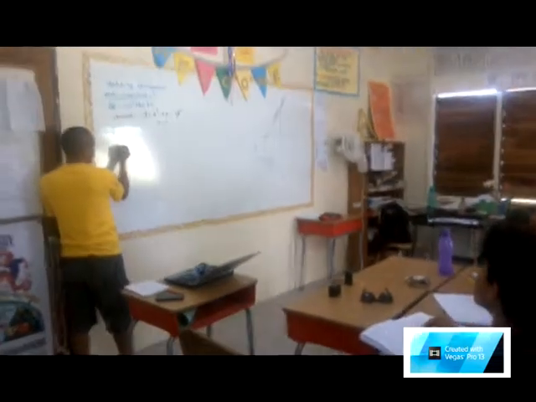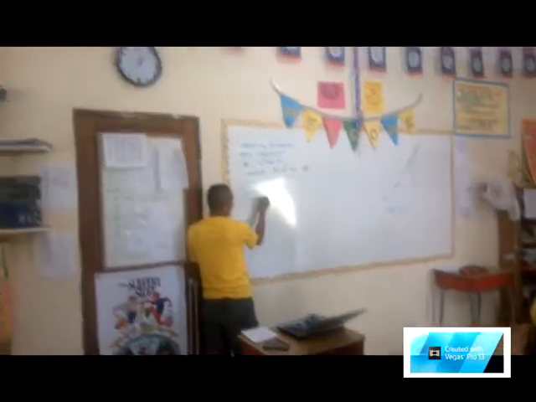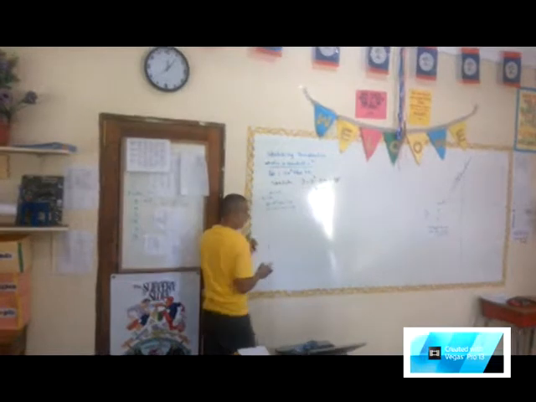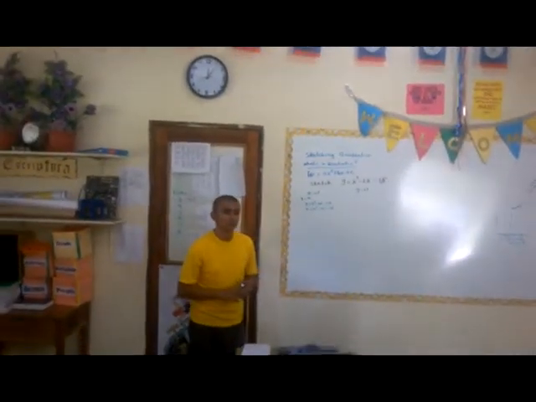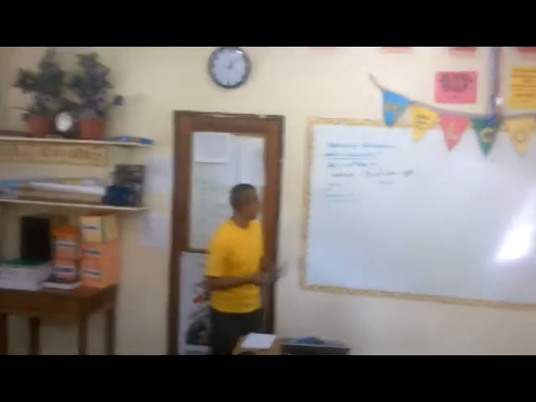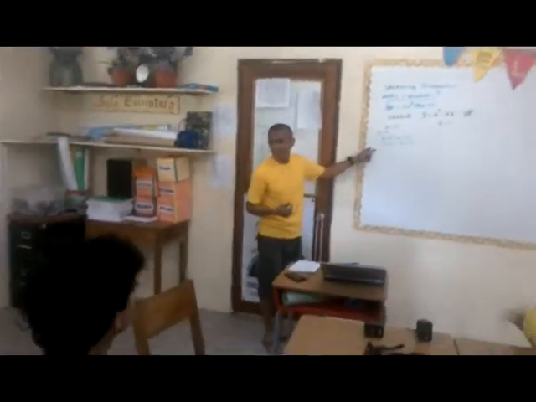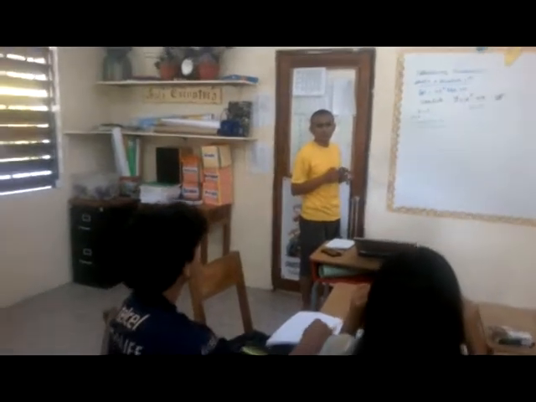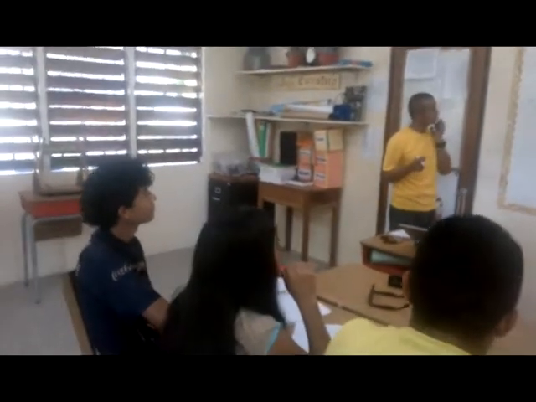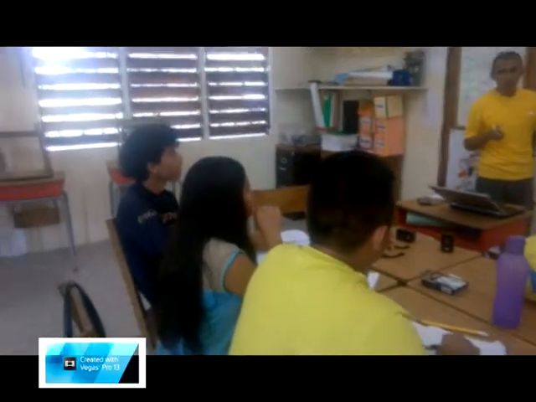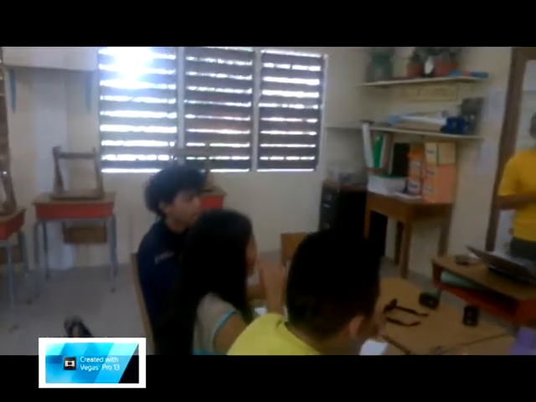So 0 equals x squared minus 2x minus 15. We can find it by factorizing. What are we going to find? The x-intercept. In this case, we are going to find the roots of the quadratic.